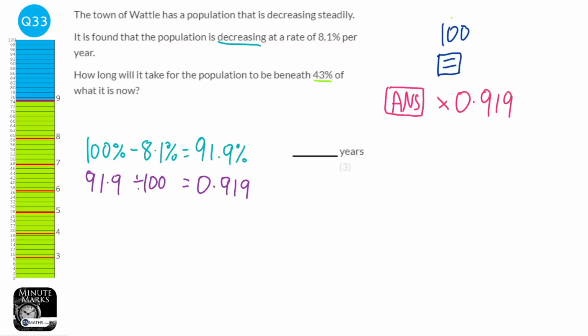So if we started off with 100, we're looking for it to be below 43. So keep pressing it, keep pressing it. On the 9th year, we get 46.7, so that's close to that 43. Press it again, and we get 42.9. So it's 10 years. It's 10 times you've got to press it to get it beneath the 43.